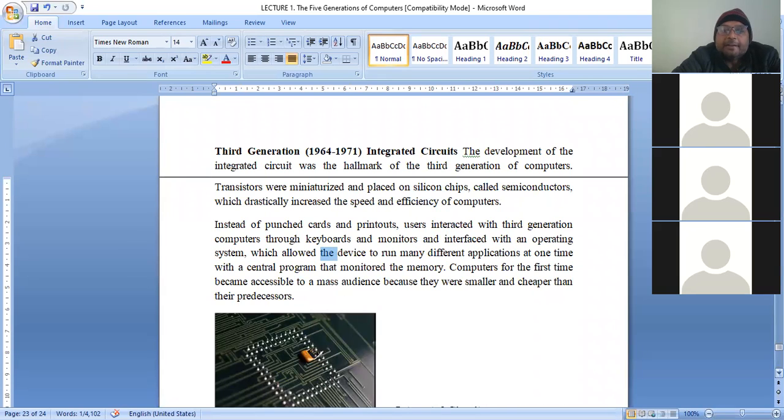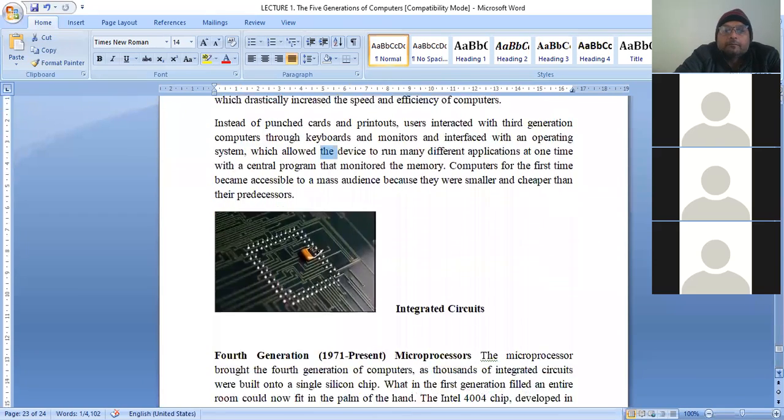Okay, that means multi-processing can be done during the third generation of computer. That means we can do more than one task at the same time, like we can hear a song and at the same time read a story. And the computers became cheaper and smaller.